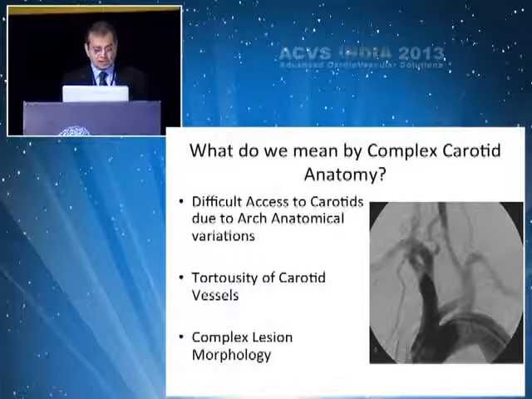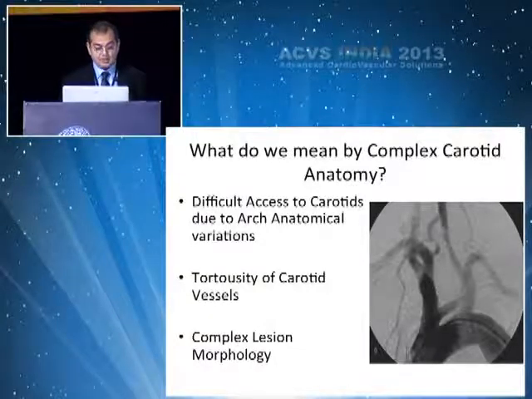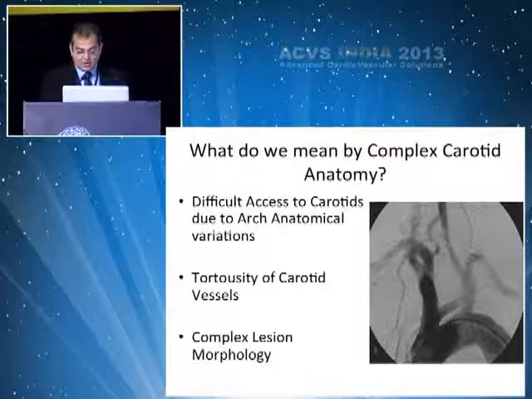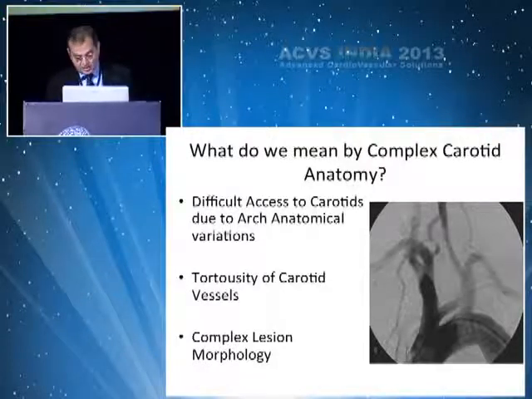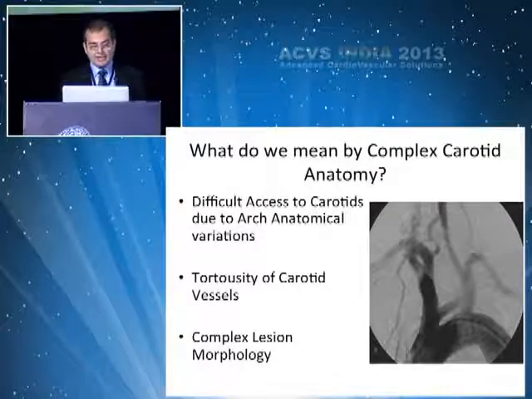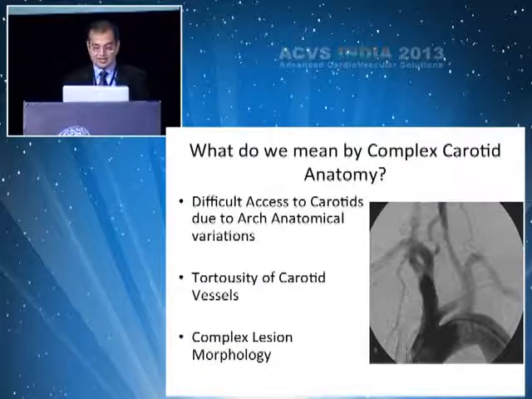And last but not the least is the complexity of the lesion, its calcium content, its angulation, and all these things lead to problems which you can encounter while you do carotid angioplasty.